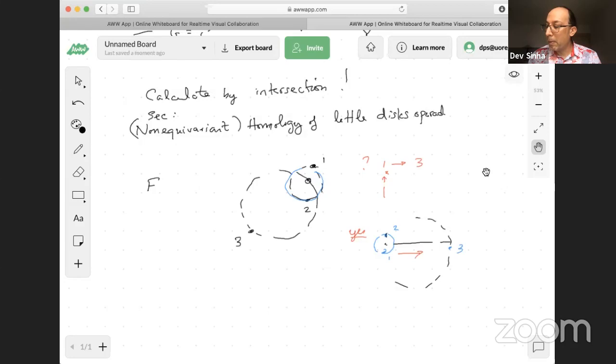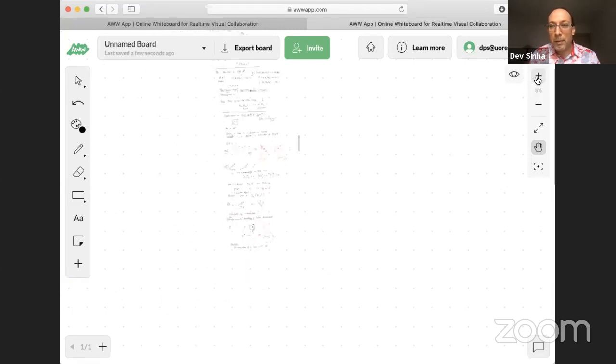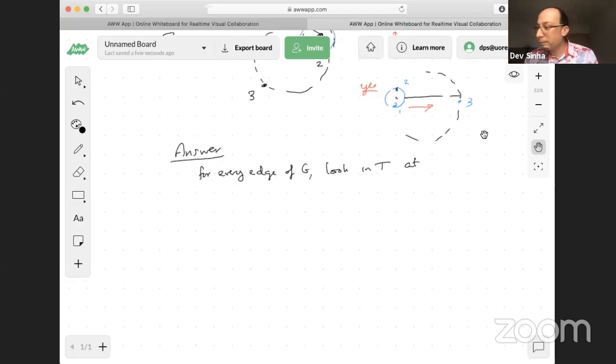The answer is: take, for every edge of G, look in the tree at the maximum, the greatest vertex under both.